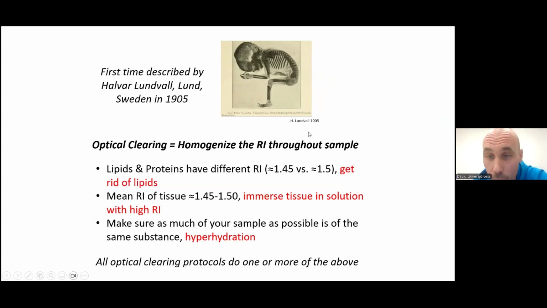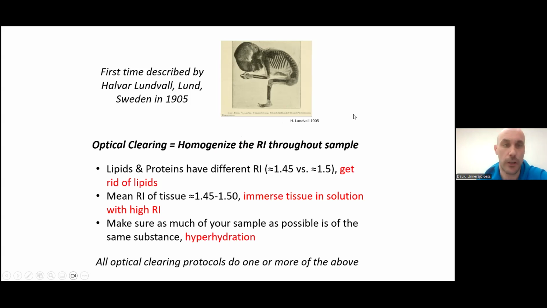So this is a combination of benzoyl and peppermint oil. He managed to make this human embryo transparent. Maybe he didn't know it back then, but what he had done is, of course, to homogenize the refractive index throughout the sample so that we could see through it.